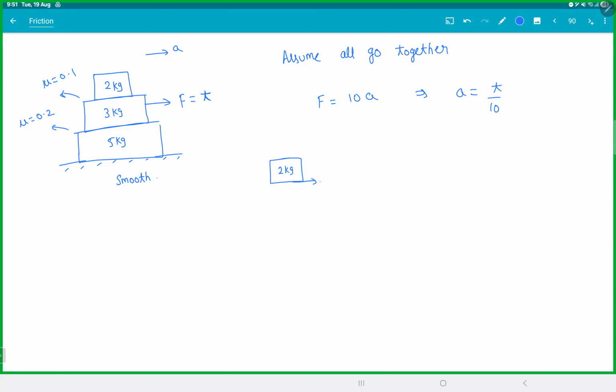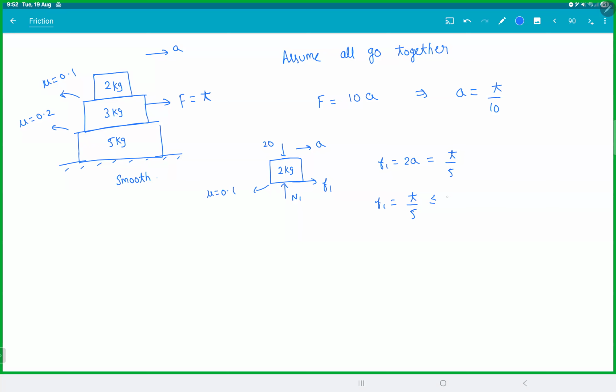The reason the 2 kg block is moving is because of this friction F1. And this is A. So F1 is equal to 2A, which is T by 5. But we know F1 ka value is less than equal to mu N1, this is N1, this is 20, and that mu is 0.1.